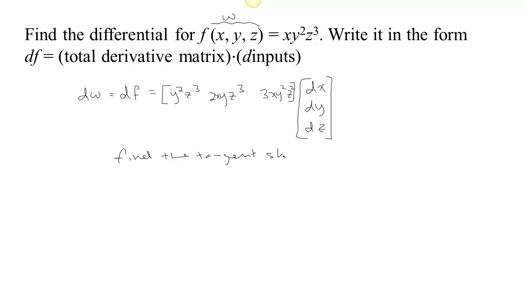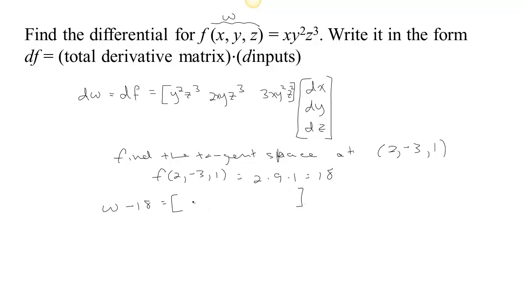So the tangent space at, let's give a value for x, y, and z. How about 2, negative 3, and 1 for x, y, and z? In that case, f of 2, negative 3, and 1 is 2 times 9 times 1 would be 18. So the change in f, that would be w minus 18, is going to be these rates of change.